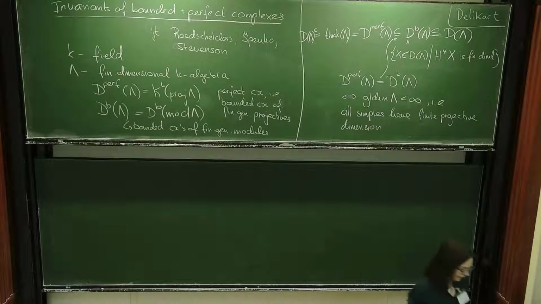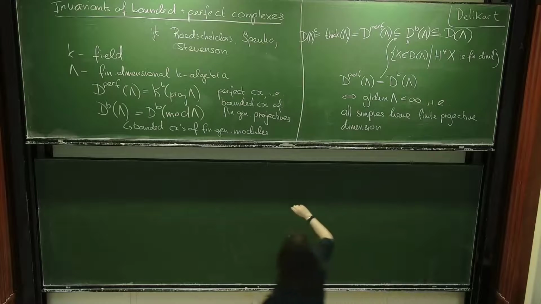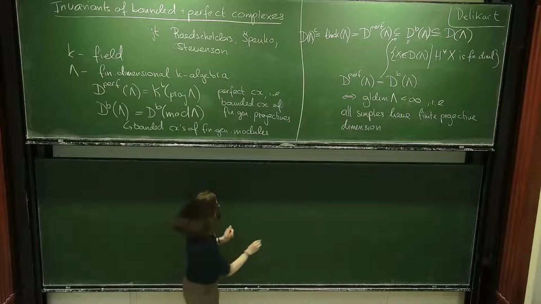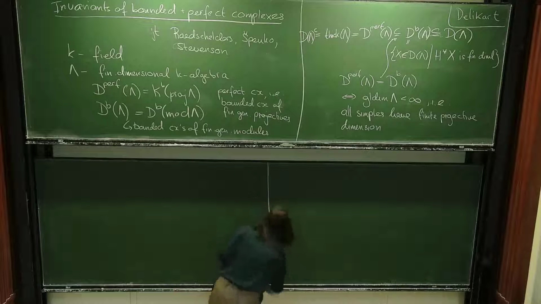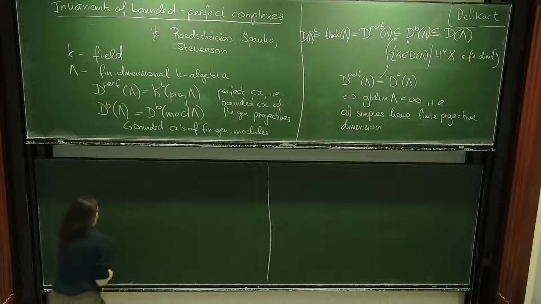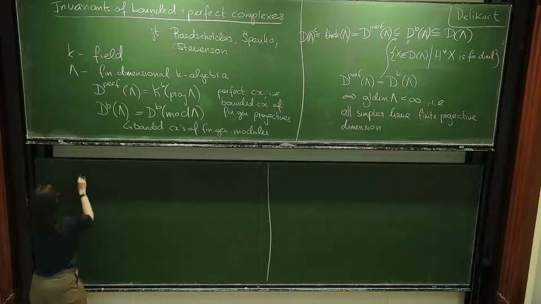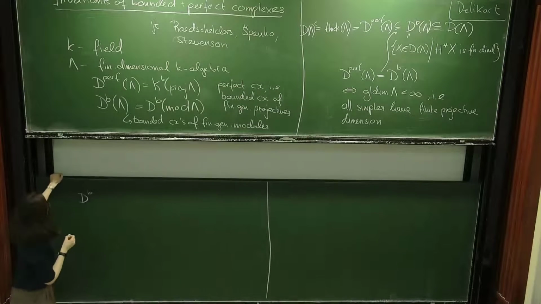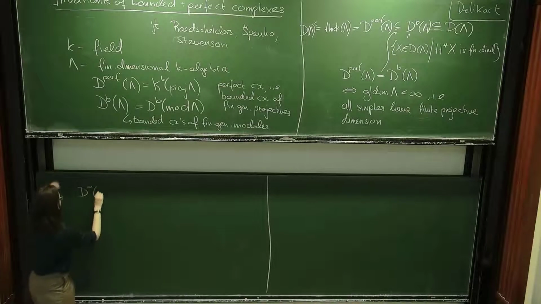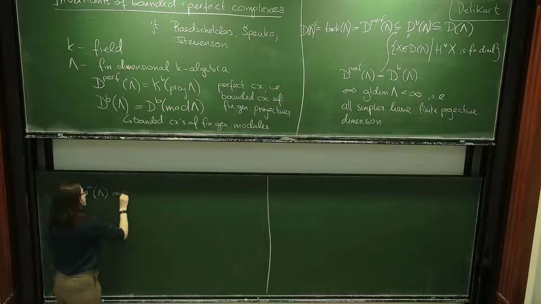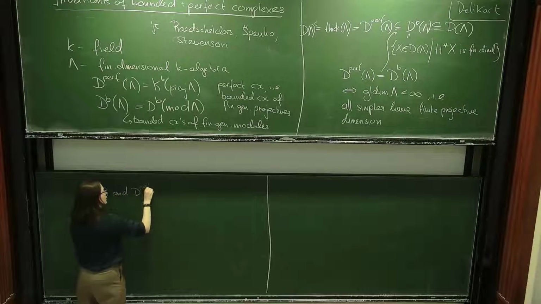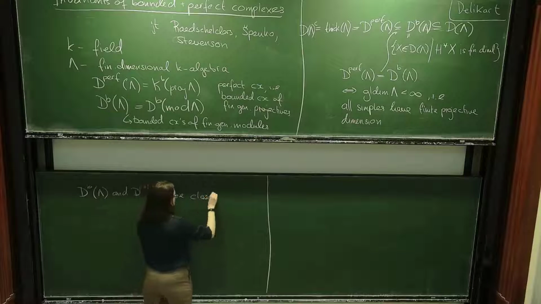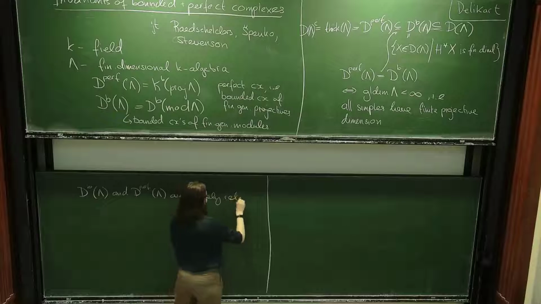Now, in any case, even if they're not the same, which for us today would be a little bit boring, we want something a bit more fun to happen from that perspective. But even if they're not the same, then I'm not sure if you can read that with the shadow, but in any case, D^b lambda and D^perf lambda are closely connected, or closely related, not a technical term.